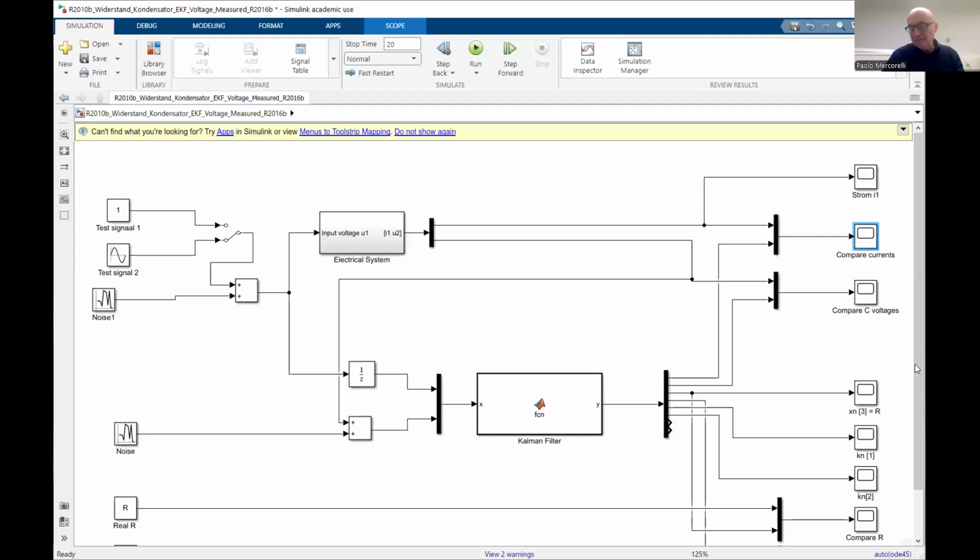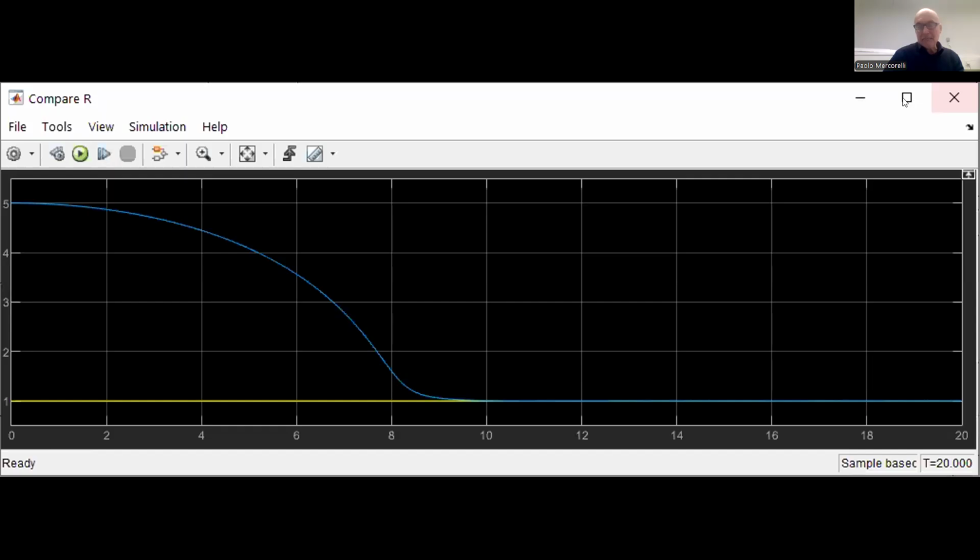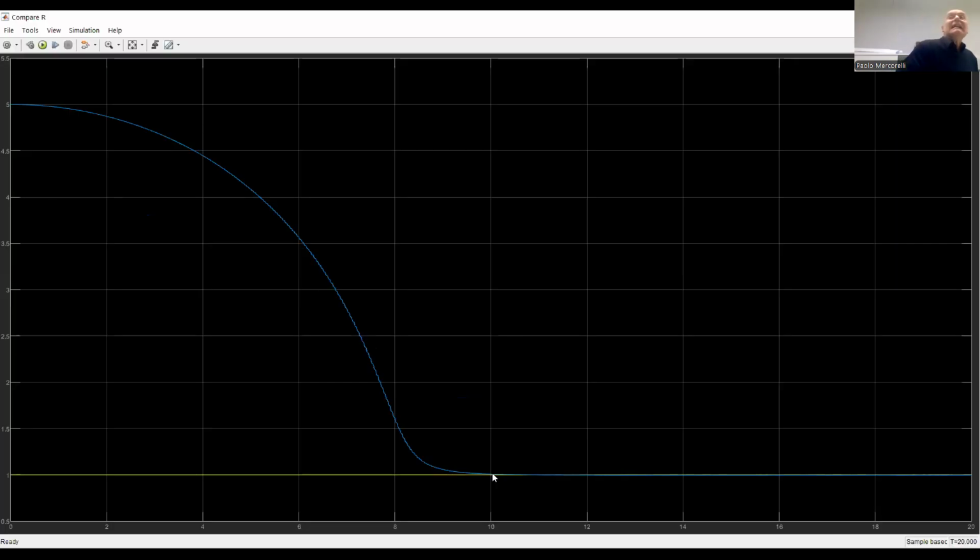Look in here. R and C. Let's look at R here. You can see that more or less at time 10 we have the right estimation.